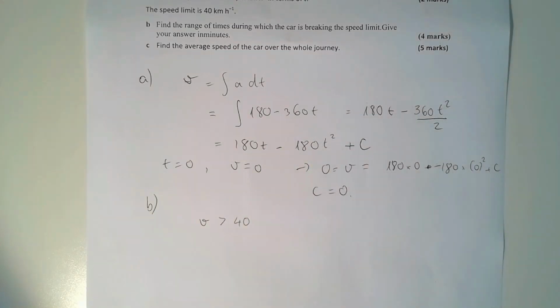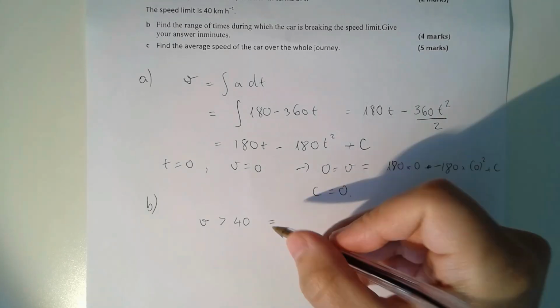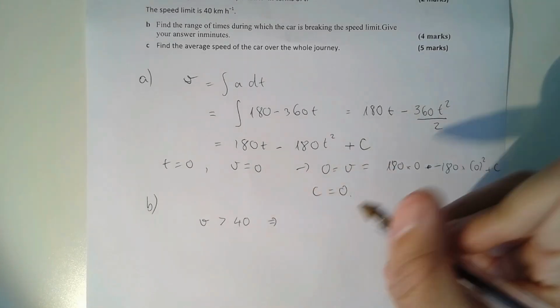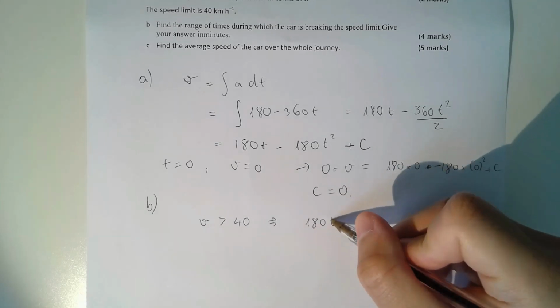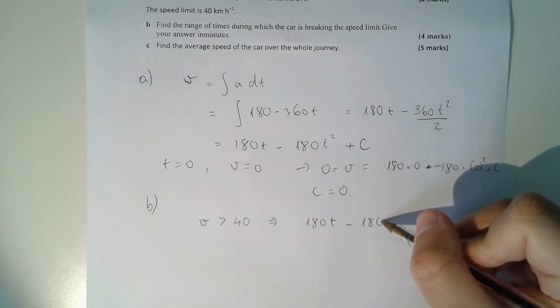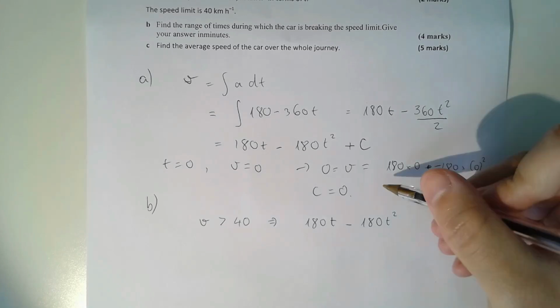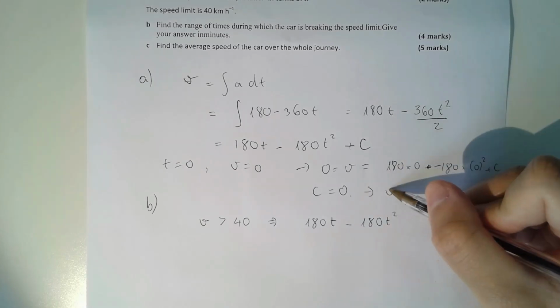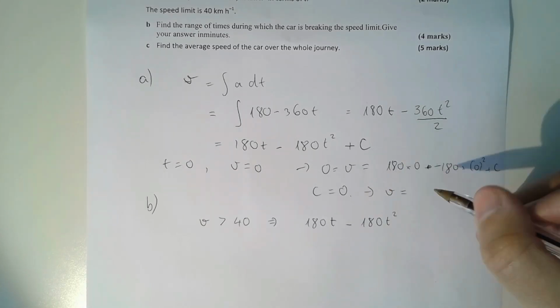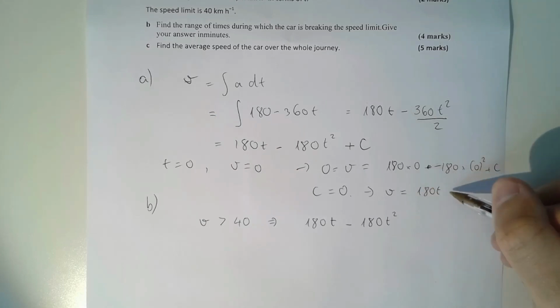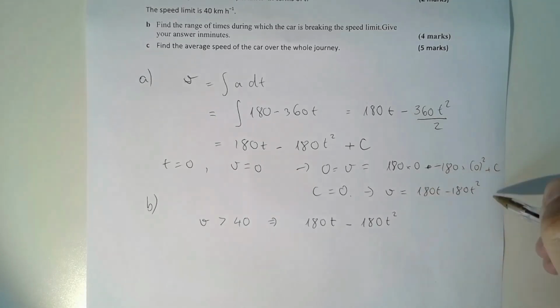That is the reason why it's breaking the speed limit. Now that is equivalent to 180t minus 180t squared, because c equals 0 here.